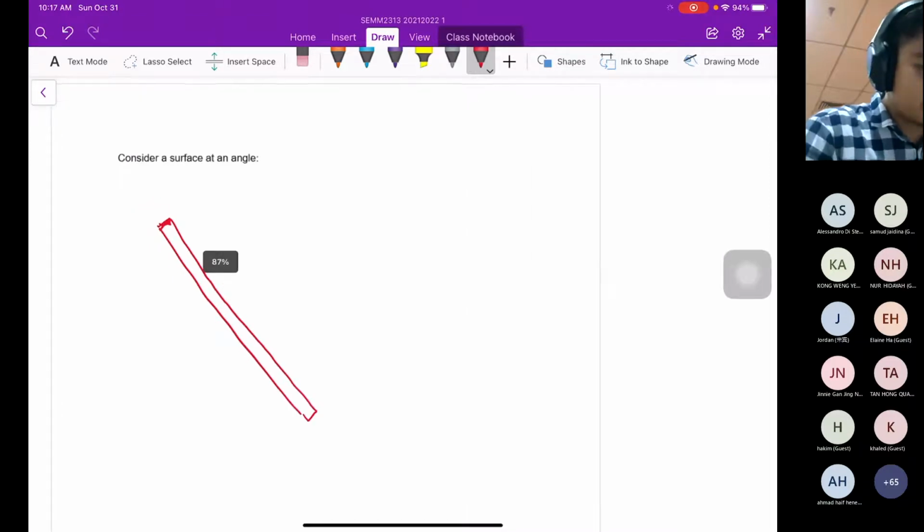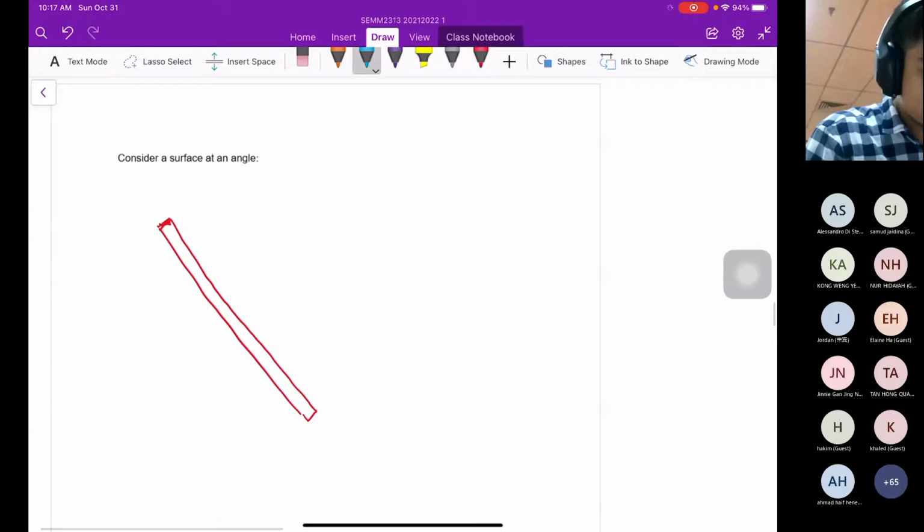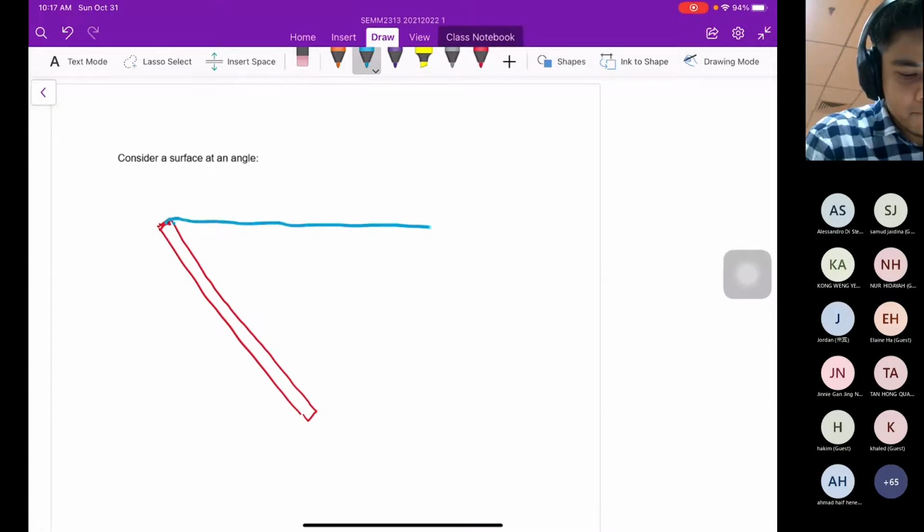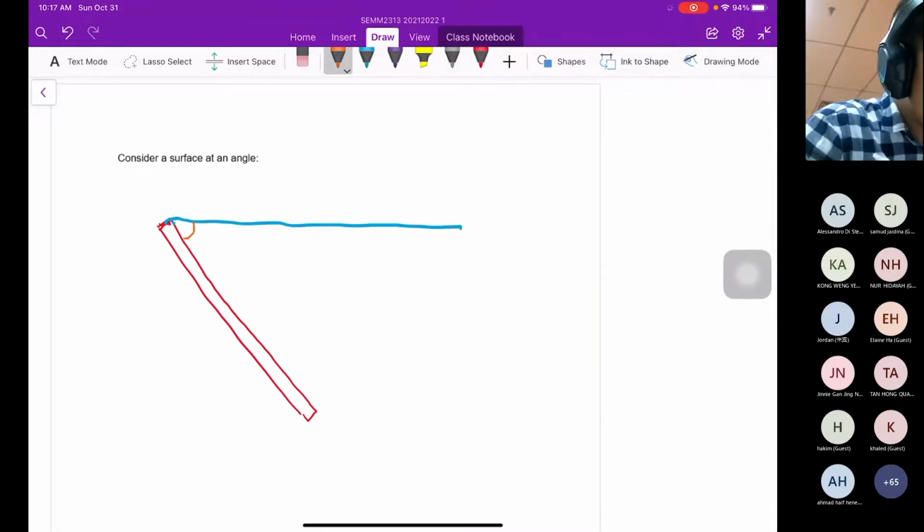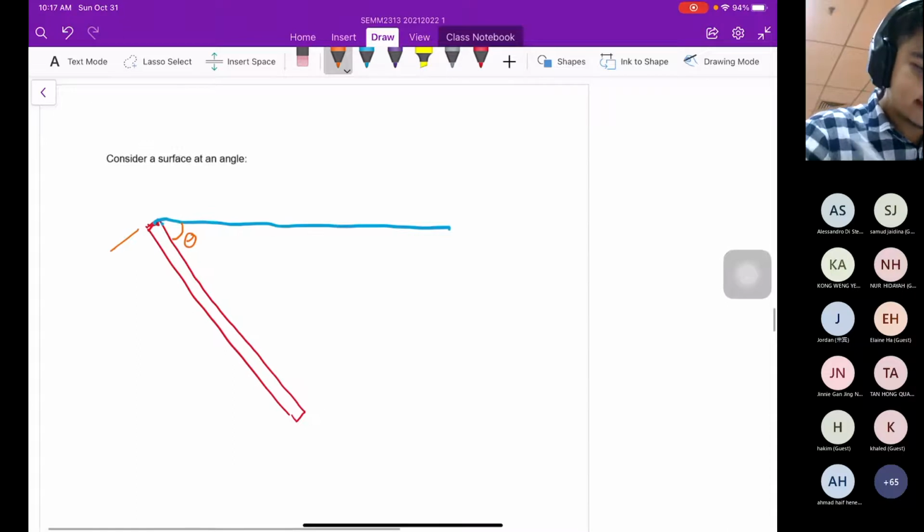And then this is the water surface. From here to here, let's say we have angle theta. And then we need to define the coordinate.